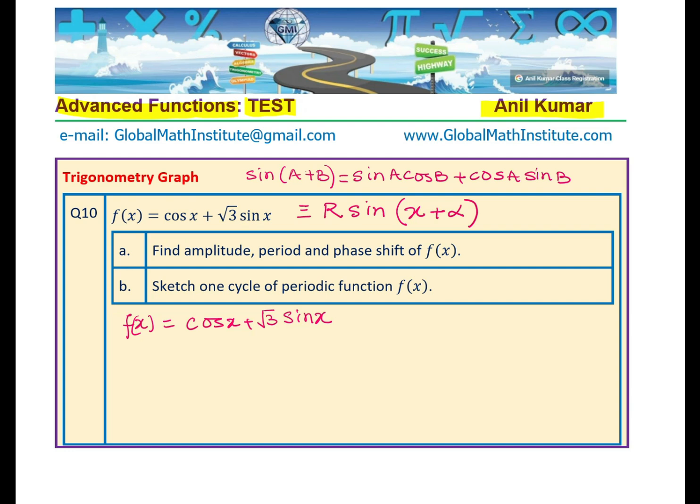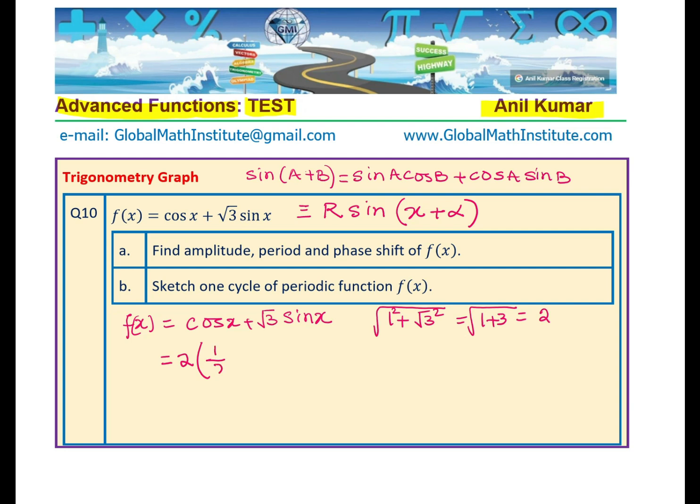So what we can do here is, both here it is 1. So what is 1 square plus square root 3 square equals to? If we square root that, we get square root of 1 plus 3, which is equal to 2. So what we can do here is that we can take 2 common and divide these terms by 2.